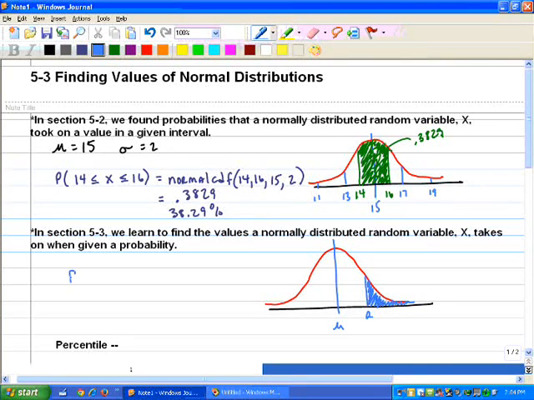Let's say the probability that x is greater than or equal to a is equal to 15%. We'll be able to use what we learned today to know that this area is 15% or 0.15, and we'll be able to figure out what that variable a is.